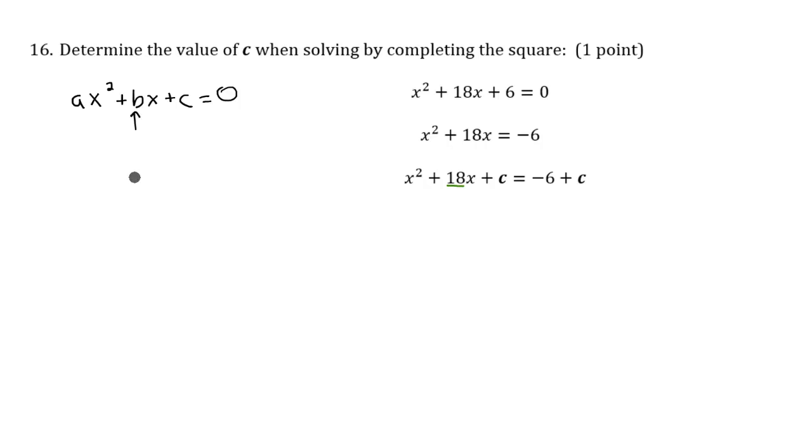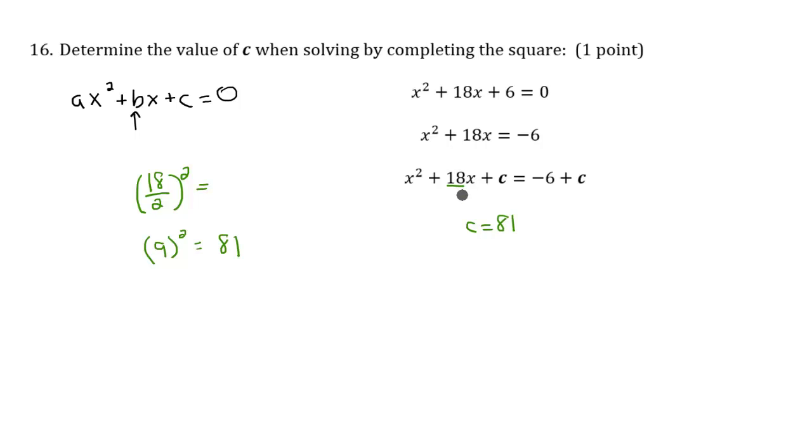So we take 18 and we're going to divide it by 2, and then we're going to square it. So 18 divided by 2 is 9, and then we want to square 9. That ends up being 81. So that's what we would add into the left side and to the right side. That's what C is going to equal.